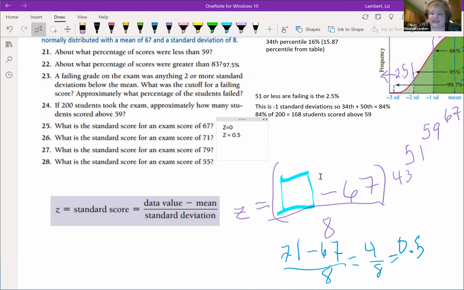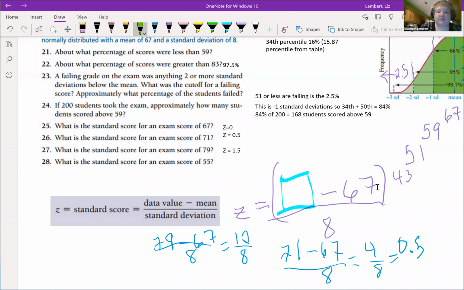Then if we look at 79, 79 minus 67, that is 12. So 8 and then 4 would be 1/2, so 1.5 above. And now 55. So note 55 is smaller than the mean. So we should get a negative z-score here.